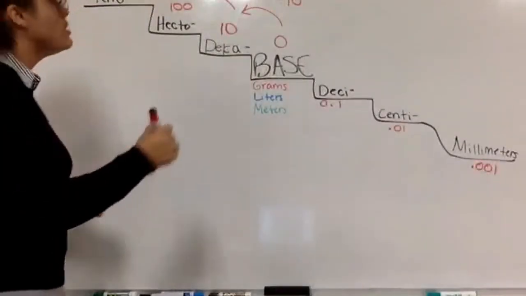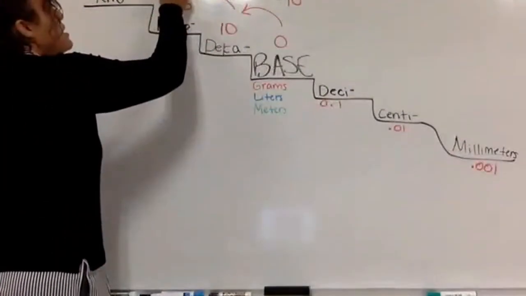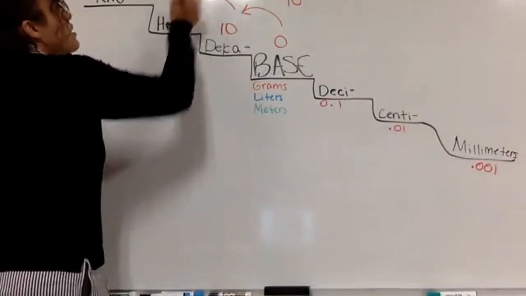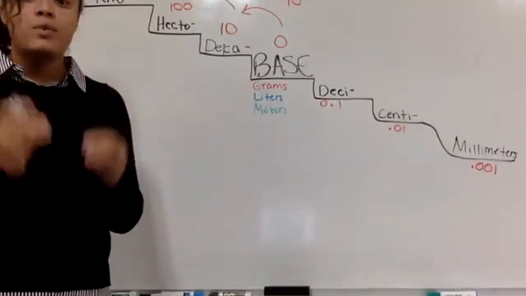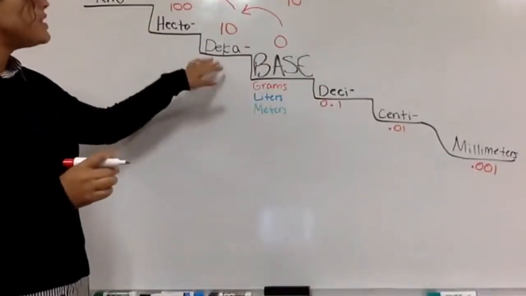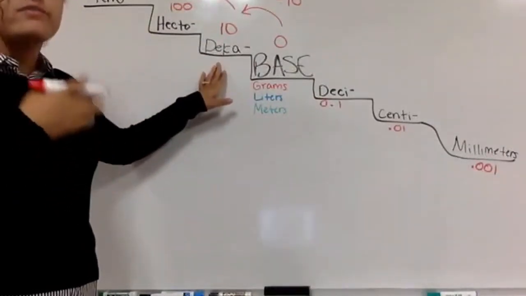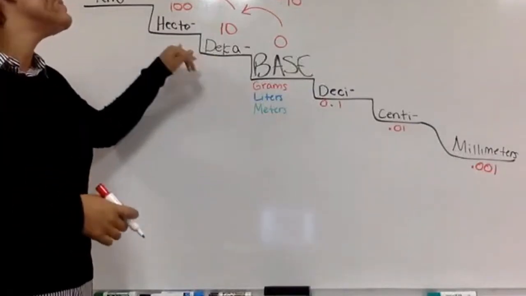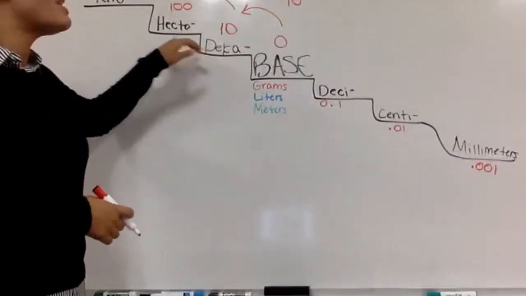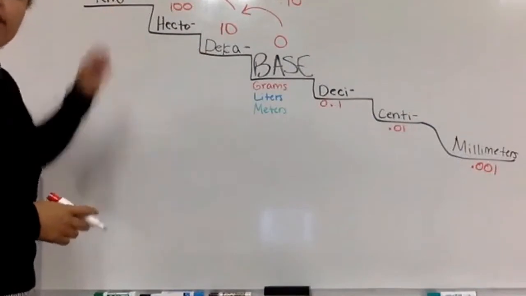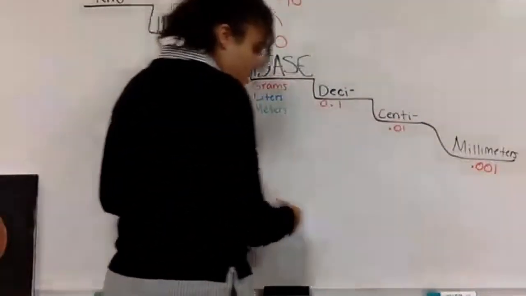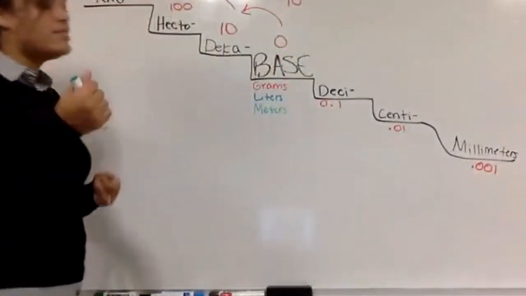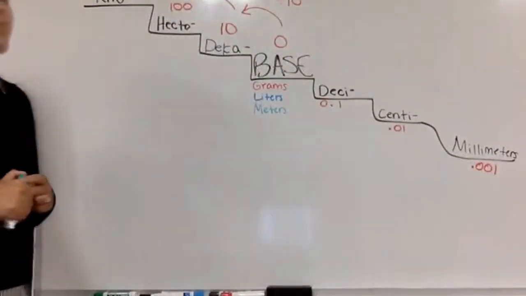Divide by 10. And then as I go up again, I'm going to divide by 10 again. So if I have 1,000 grams, as I go up the scale, I should have 100 decagrams, 10 hectograms, and 1 kilogram.